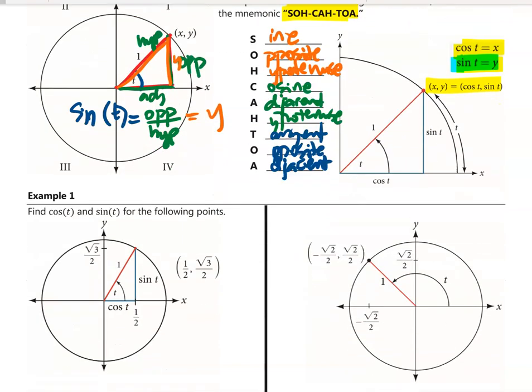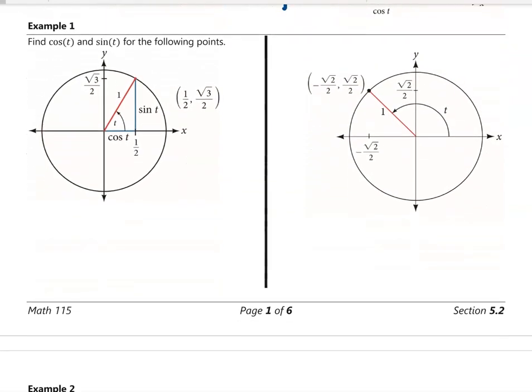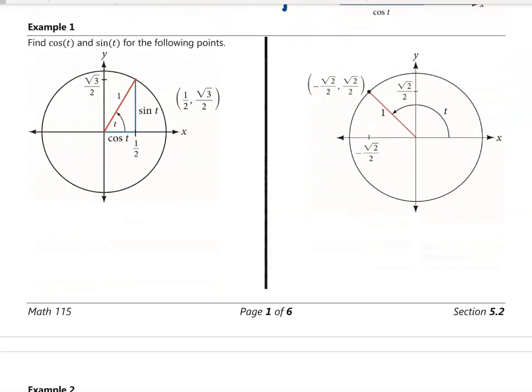Okay, let's try example 1. Find cosine t and sine t for the following points. So let's start with cosine t.